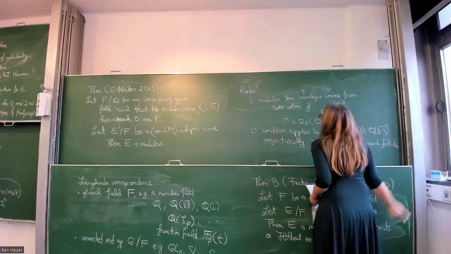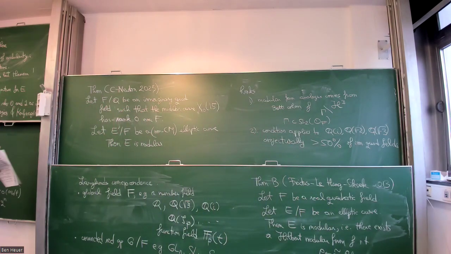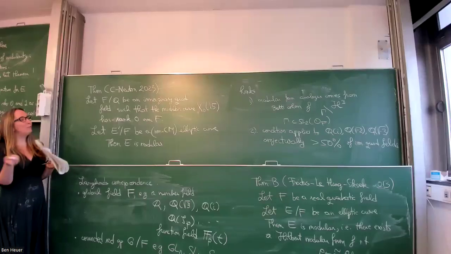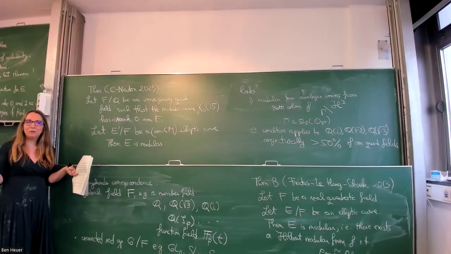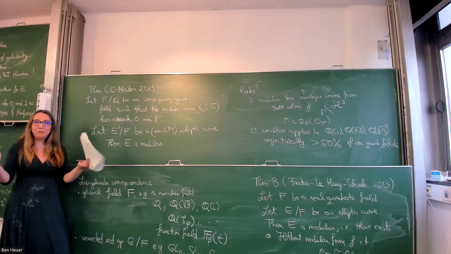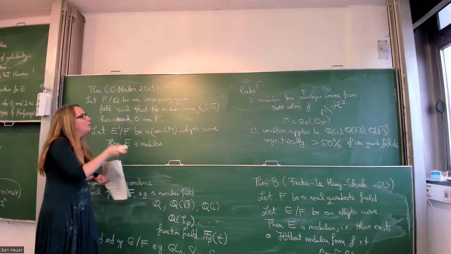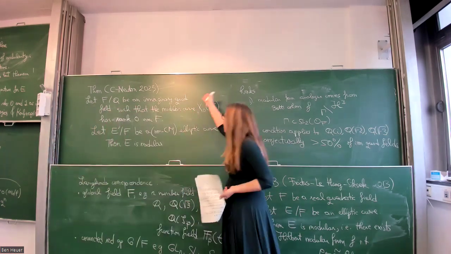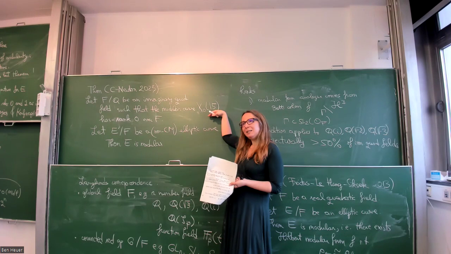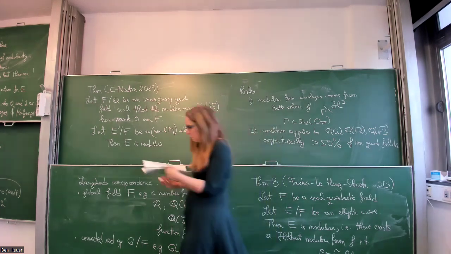Over the rest, so over the fields over which the rank increases, we can prove, statistically, that 100% of elliptic curves are modular. But in practice, what that means is that there are two infinite families that we're missing. And those infinite families are basically the imaginary quadratic points of this and also of some other isogenous elliptic curve.